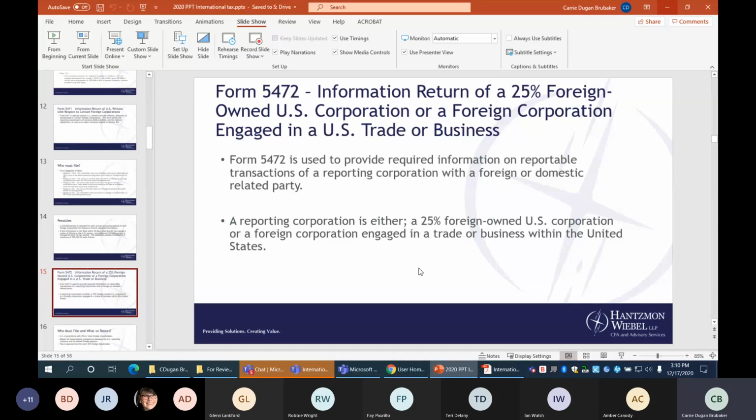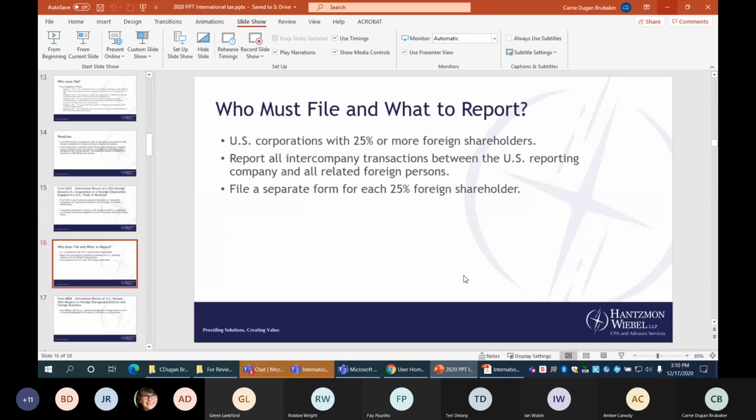All right, so next up, 5472. This is a form to disclose information for a 25% foreign-owned U.S. corporation or foreign corporation engaged in U.S. trade or business. Who must file?